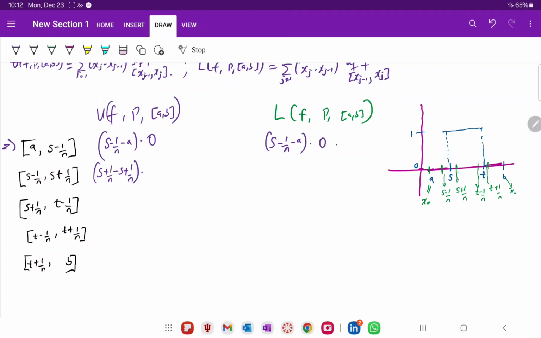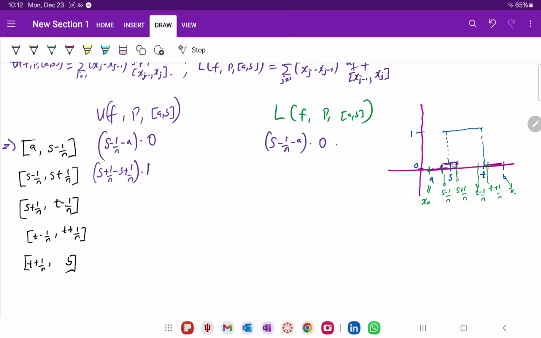So let's check. Here you see that our function is 0 and also 1, from this point to this point. So we have 0, we have 1. The supremum of this function, which is the least upper bound, will be 1.